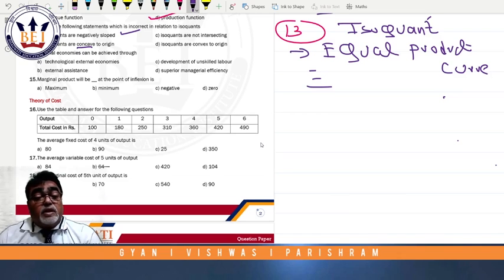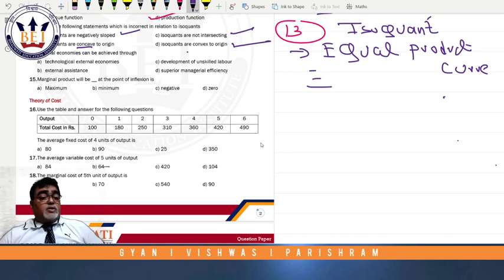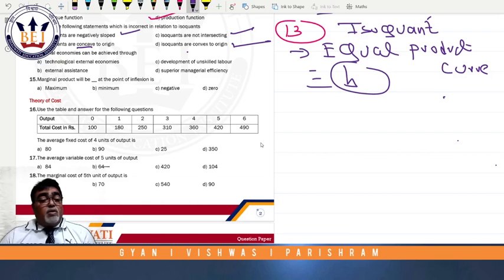Isoquants do not intersect, correct. Isoquants are convex, correct. They ask which one is the incorrect statement. So the answer to 13 should be option A, because it does not comply with the properties of isoquant.